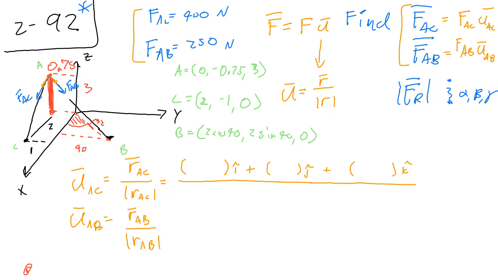So at the final position C, so C minus A, so 2 minus 0, negative 1 minus, let's make that a plus 0.75, that's supposed to be 0.75 there.